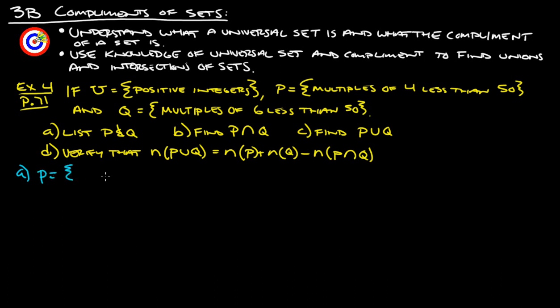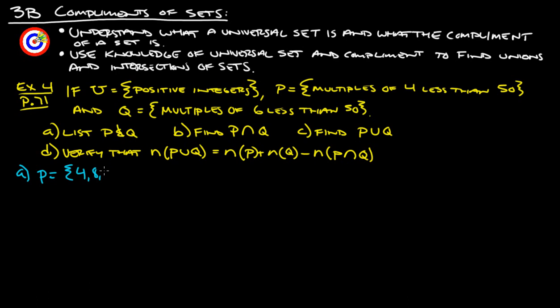Okay, so we're going to list the elements in P and Q. So P is going to be, and you're always going to want to put this in your set builder notation with your brackets here, again, all the multiples of 4 that are less than 50.